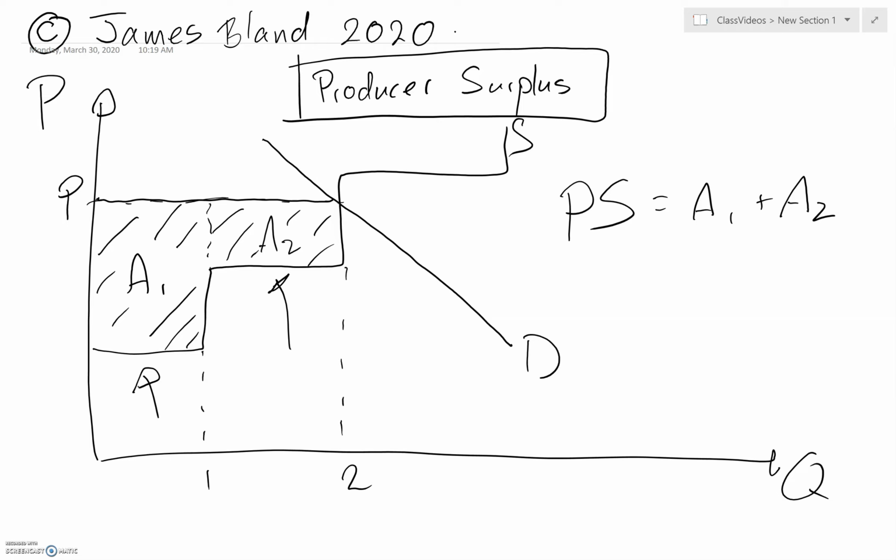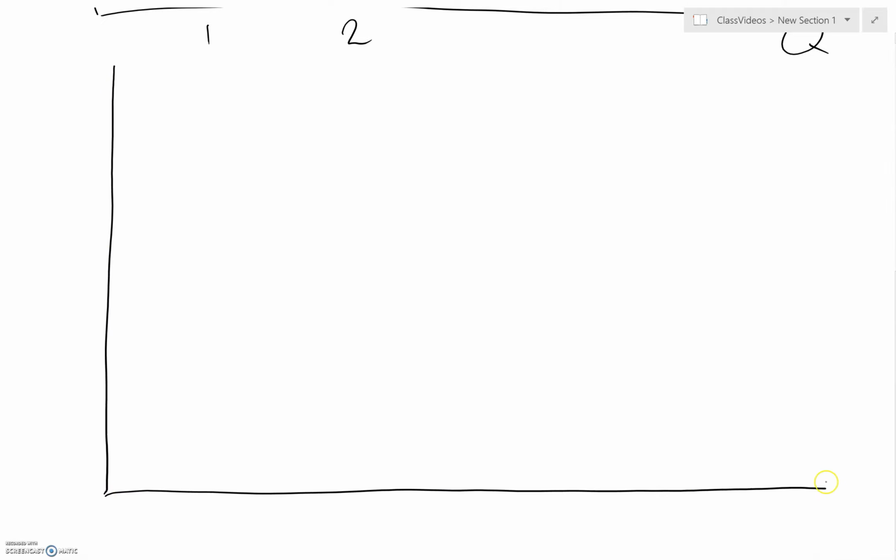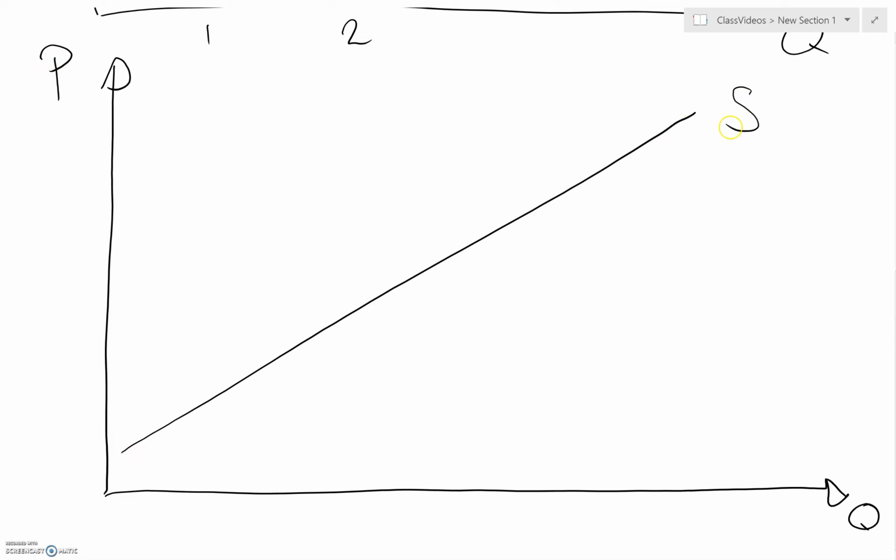Now that's all very well and good when we've got a group of sellers, each who can sell 1 item, but usually in Principles of Micro we're dealing with a supply curve that looks a little bit more like this. In this class I am going to show you how we can relate what we've worked out with these stepwise supply curves to a continuous supply curve.